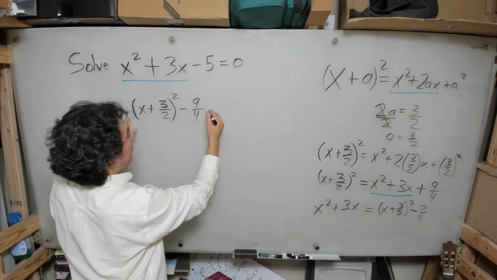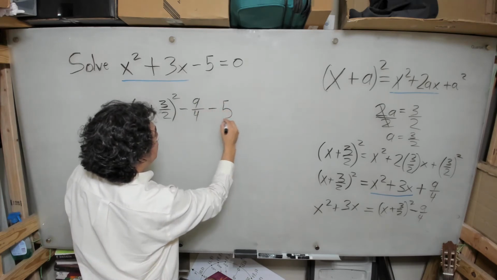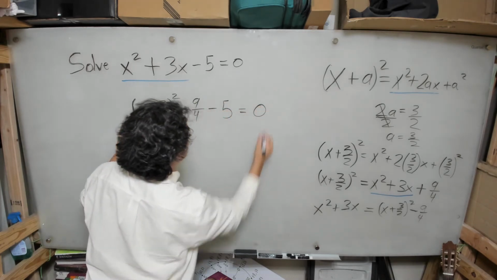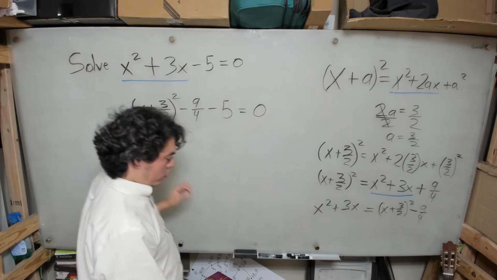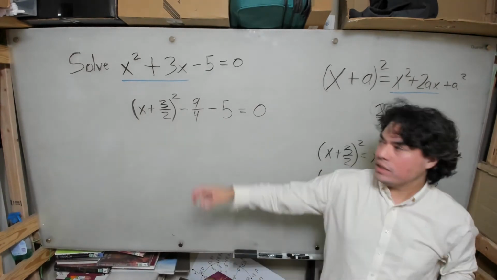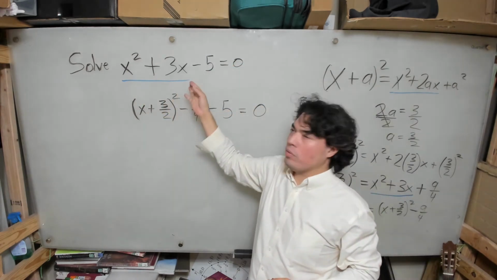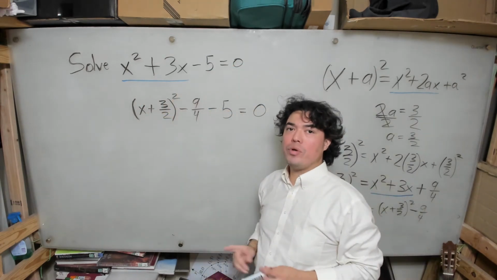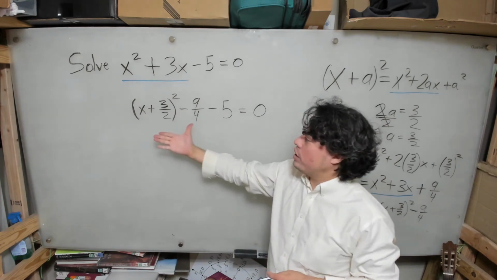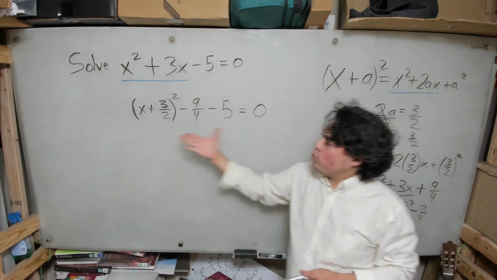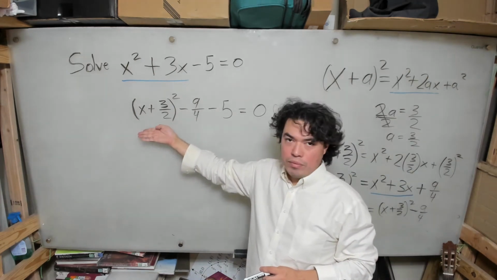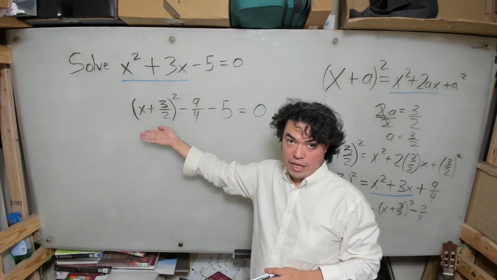And then I'm going to subtract 5, and that's going to equal 0. So what has happened here is that I've transformed an equation that had an x squared term and an x term, which was going to prevent us from doing the square root technique, into an equation with a squared term that we can solve for, that we can get by itself.